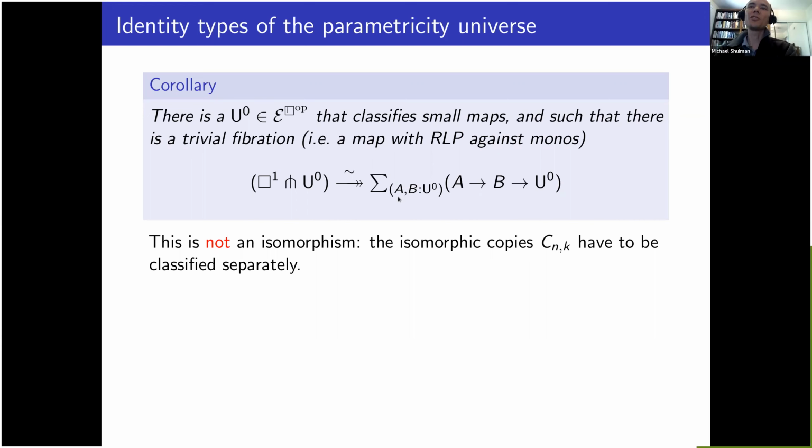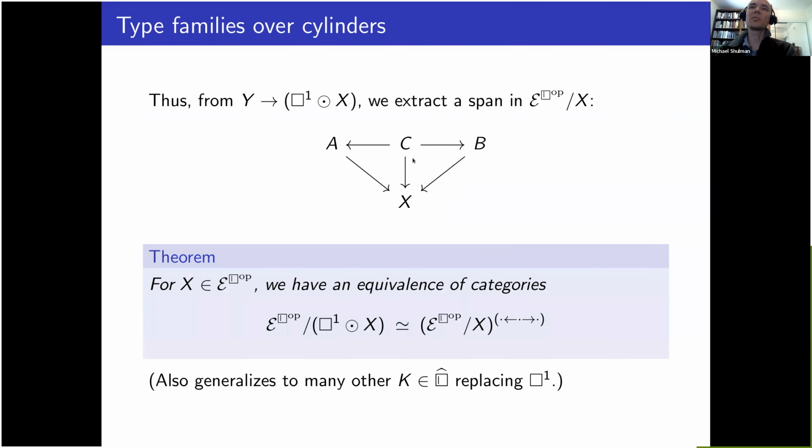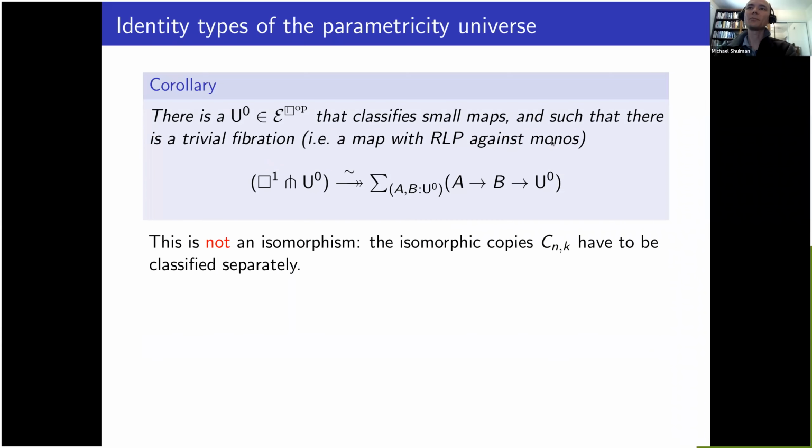So given two types and a proof-relevant relation between them, which is an equivalent way of writing a span, another type with a map to A and B, that would be the total sigma type of this.